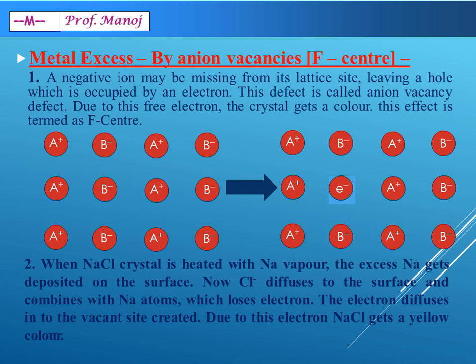Then sodium loses an electron and this electron takes the place of the Cl minus which shifted. Due to this free electron, sodium chloride gets yellow color. It is found that lithium chloride, if you put excess lithium, turns pink in color. In potassium chloride, if excess potassium is present, it turns violet in color.